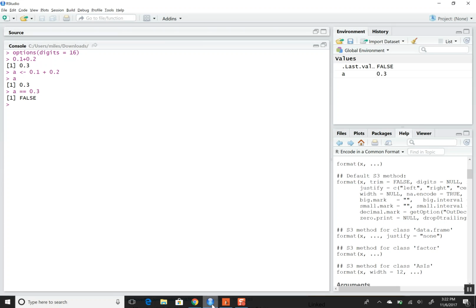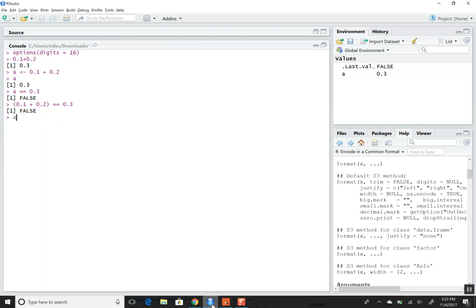This might be surprising, because 0.1 plus 0.2 is 0.3. I'm not playing a trick on you. But in the computer, these two things are not equal.